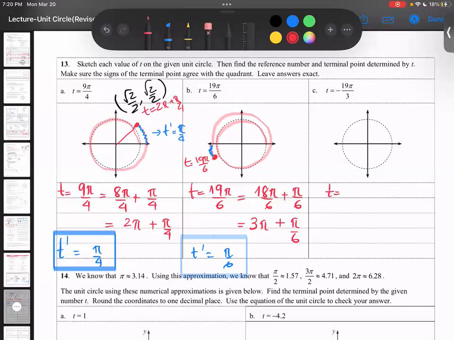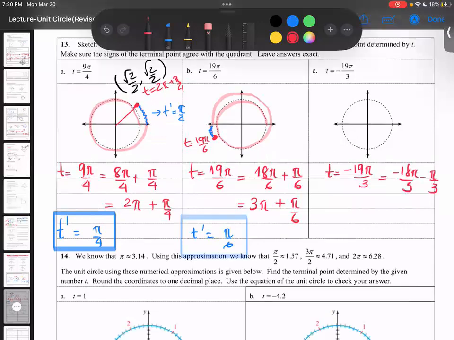T equals negative 19 pi over 3. Here, the same thing is negative 18 pi over 3 minus pi over 3, which equals, 18 divided by 3, negative 6 pi minus pi over 3. 6 pi is 3 times around the circle, 1, 2, 3.